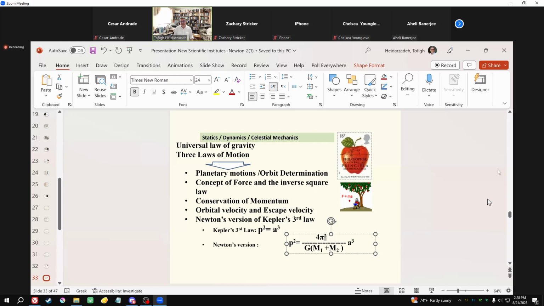Okay, this is Kepler's law. Newton solved this by using his notion of gravity. And as you see here, he added a gravitational term. On both sides you see P squared and A cubed, and in between you see this gravitational term.